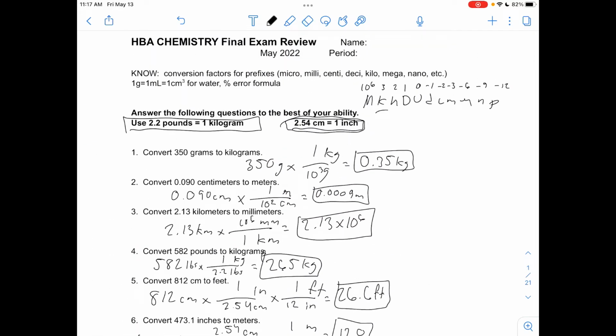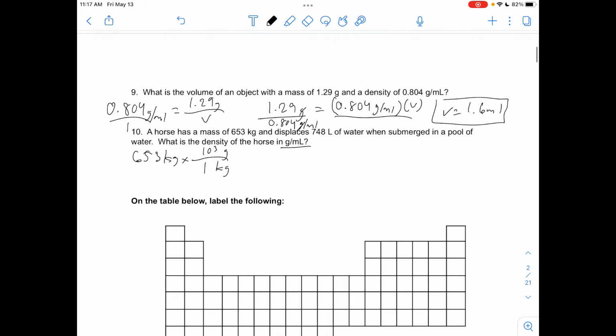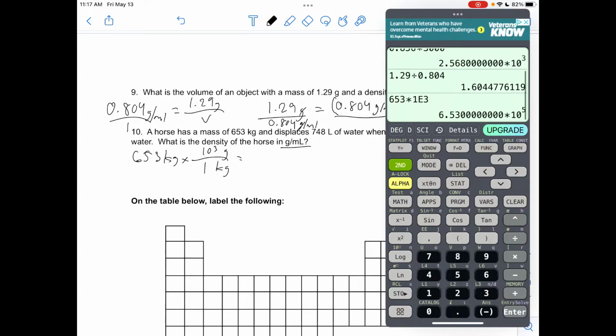Gram is a base unit, so U, so 3 powers of 10 there. And that's going to be equal to 653 times 10 to the 3, 6.53 times 10 to the 5, and that's in grams.